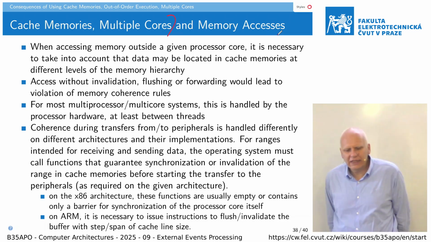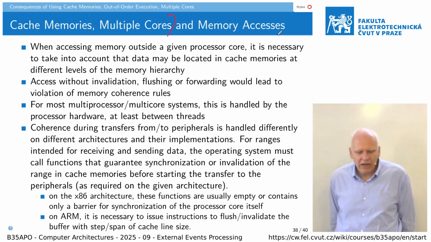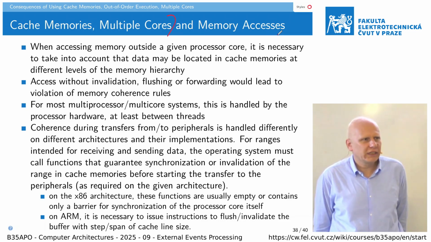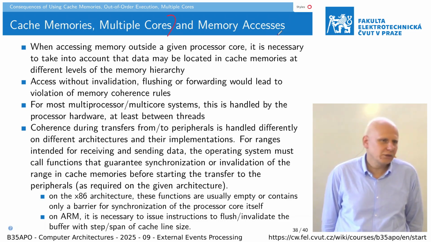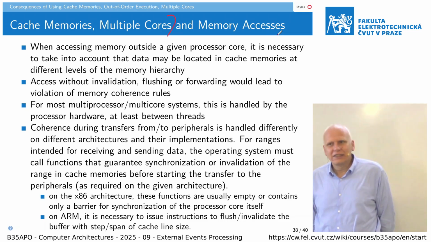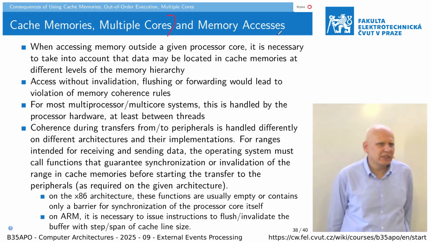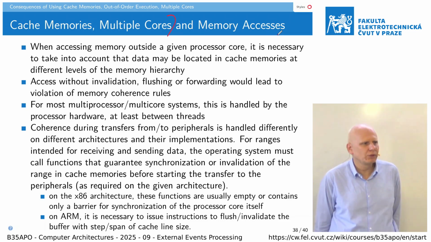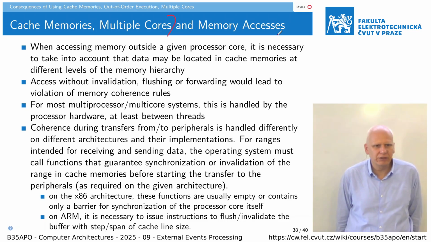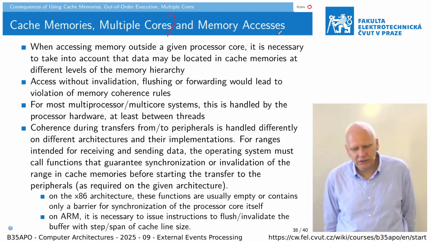So in this case, you need additional instructions which allow management of the caches. Caches, in Czech, are called a hidden memory, which is a good name because basically the program doesn't know about those memories. But in this case, the programmer needs to know about those caches, because it is necessary at the operating system level to ensure the synchronization.